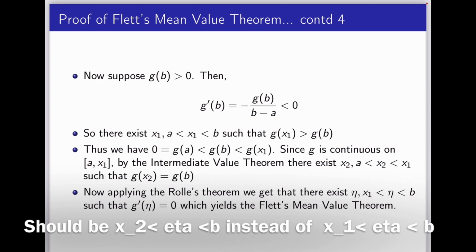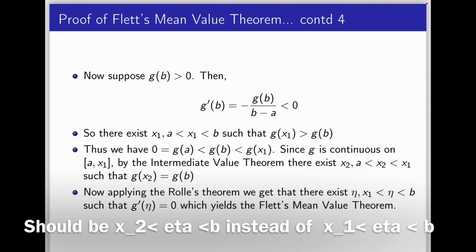Now since g is continuous on this interval a to x1, by the intermediate value theorem, there must exist x2 in this interval, that is a less than x2 less than x1, such that g(x2) is equal to g(b). Now the moment we get that, we see that the conditions of Rolle's theorem would now be applicable on the function g over the closed interval [x2, b].